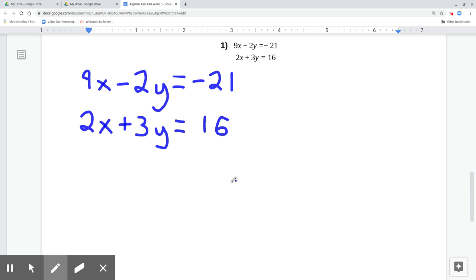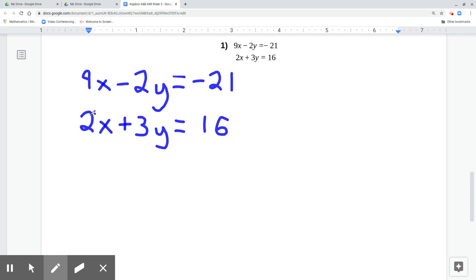Okay, so these are the same equations, just rewritten, so it's easier for us to take a look at. Since we do not have the same coefficients, we're going to have to make these equations have the same coefficients. So I need to look and see if I can turn one of the numbers into the number that's paired with it.